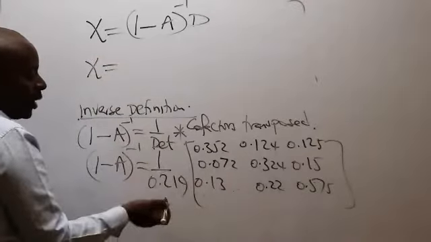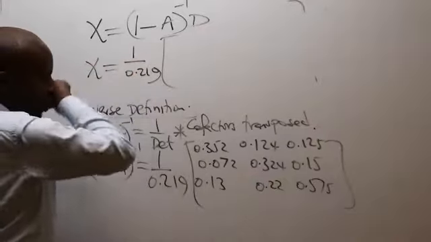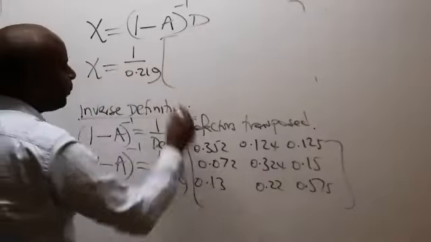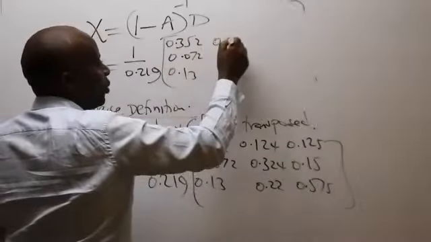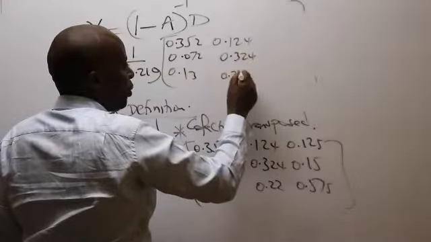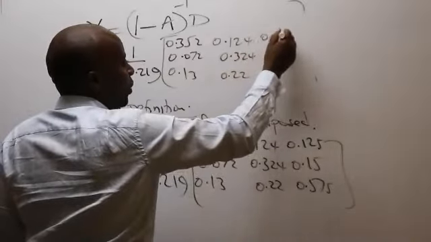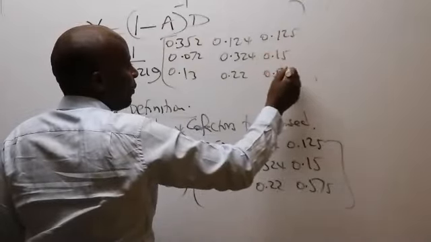These are I minus A, which is 1 over 0.219 into the whole of this. Then we have 0.124, 0.324, 0.22. We have 0.125, 0.15, 0.575.